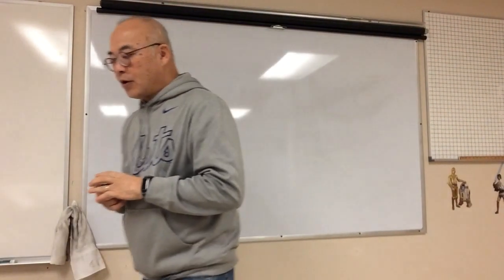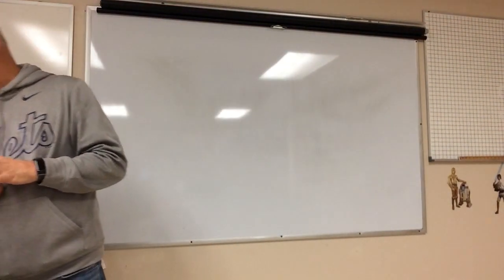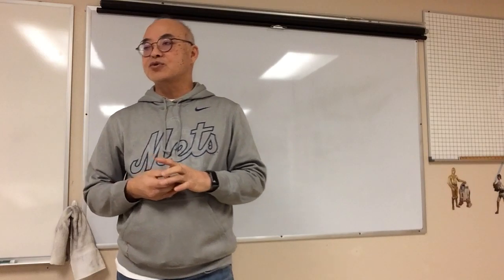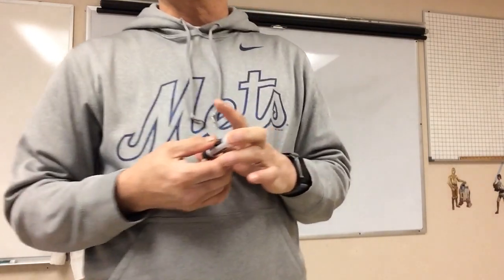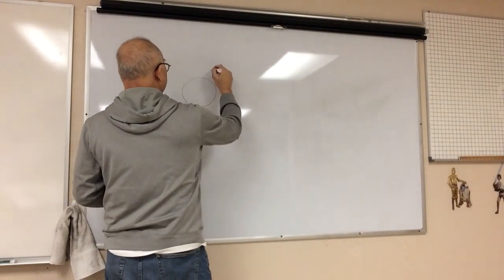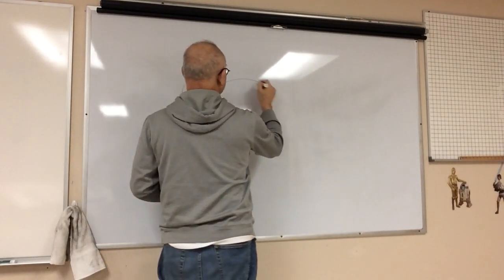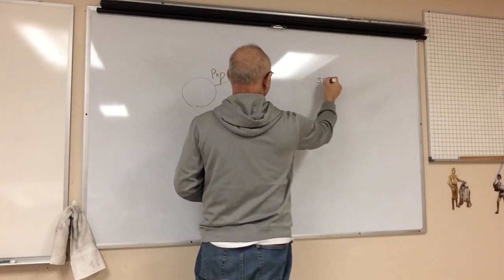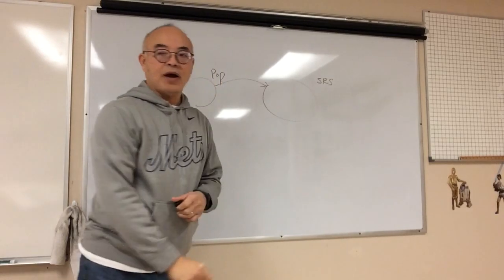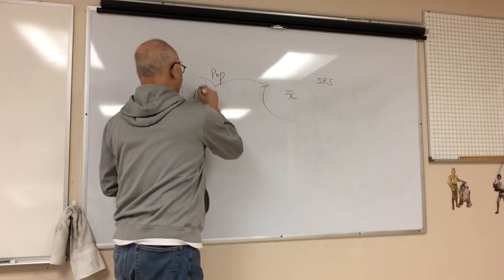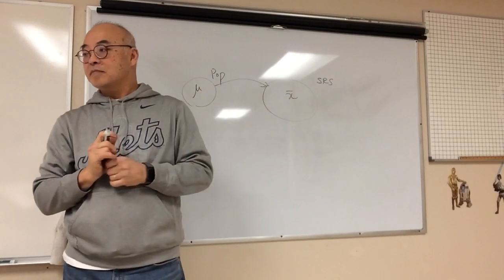All right, so today we're going to go ahead and finish up 6.4, the central limit theorem. So last time, or yesterday, what did we learn about the central limit theorem? We learned that if we take a sample from a population, a simple random sample, then we know that this guy and this guy are the same.